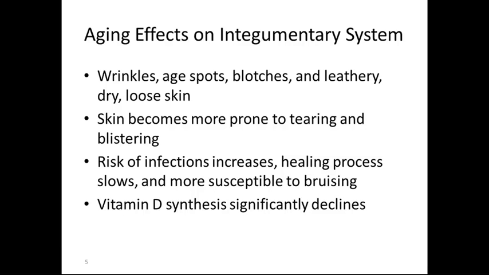Risk of infection increases and the healing process slows, and elderly people are more susceptible to bruising. Some of this bruising can be due to certain medications a patient may be on, such as Coumadin or warfarin.